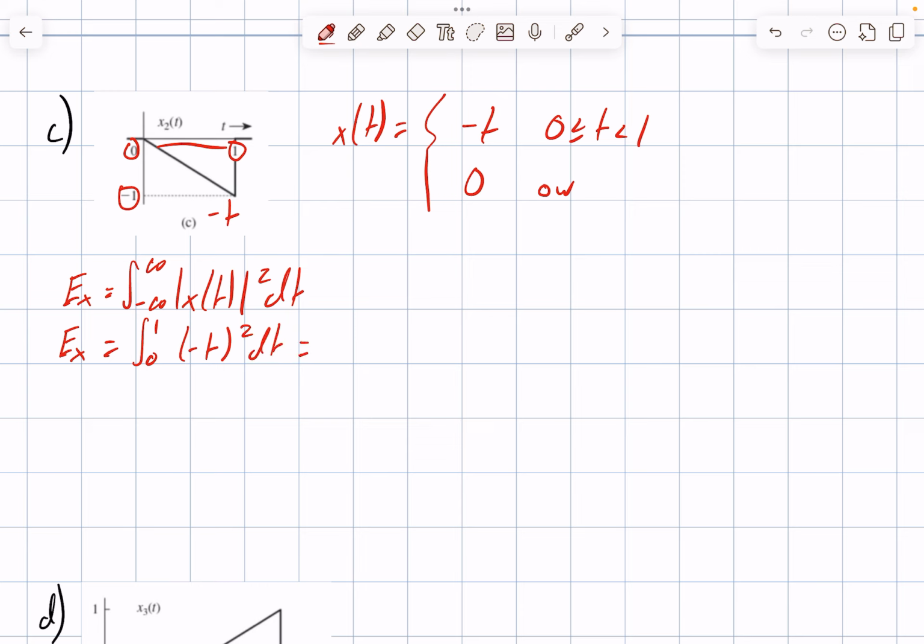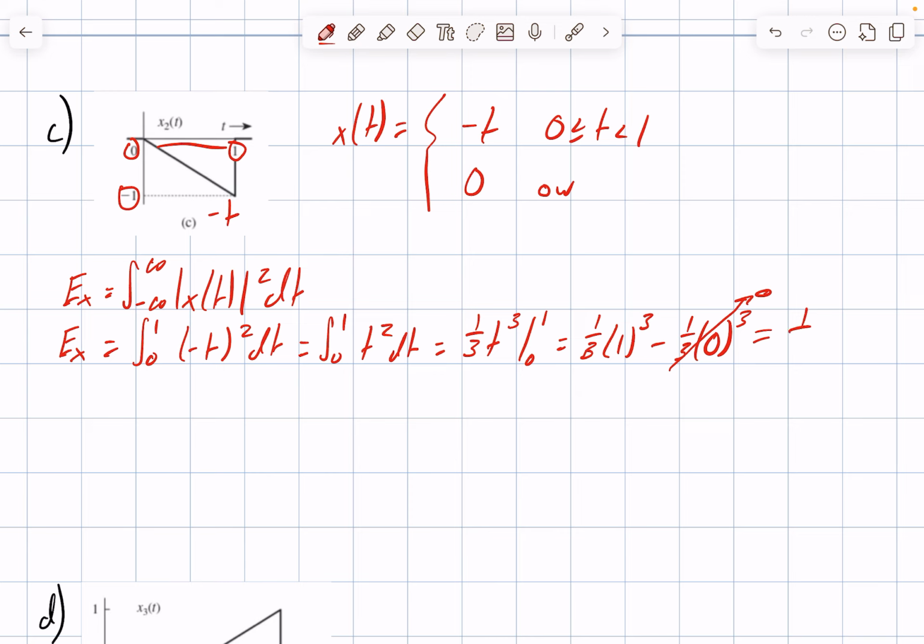And so simplifying this, (-t) squared is simply just t squared dt. And then using calculus, we can say this is 1/3 t cubed from 0 to 1. And then 1/3 of 1 cubed minus 1/3 of 0 cubed. Well, this just goes to 0, so we're left with 1/3.